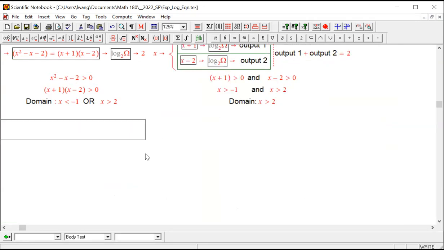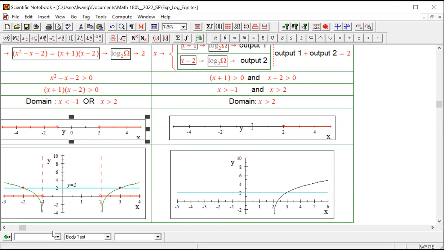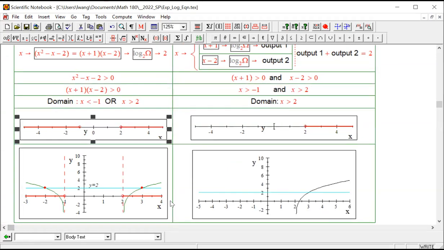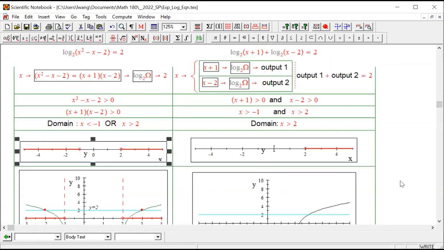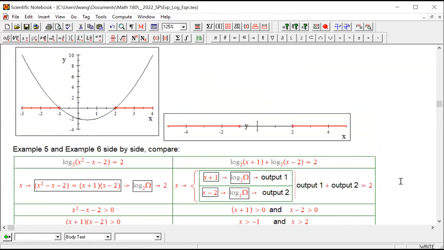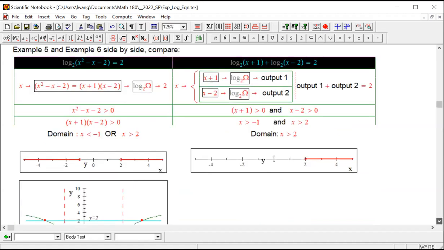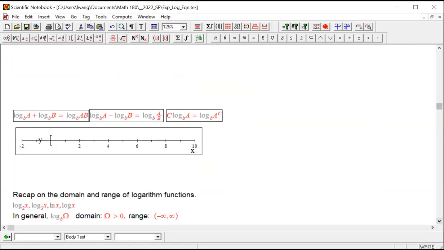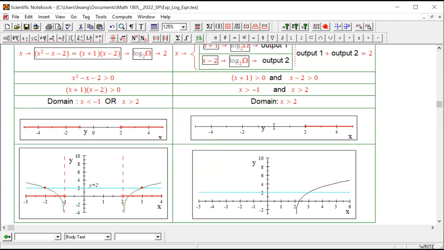So I make the picture better sized. Here we go. This way, side by side, you can see example number 5 and example number 6 are hugely different. Domain determination makes that big a difference. And of course, do we anticipate the solution?